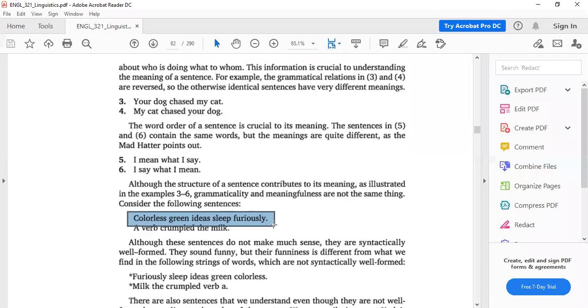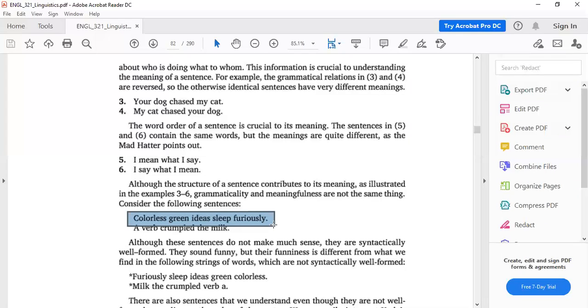In chapter 4, inshallah, we will see that this is an anomalous sentence. We know why, because we as human beings judge sentences according to our knowledge of the real world.